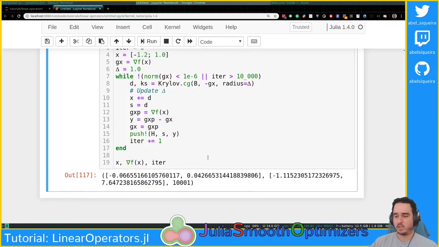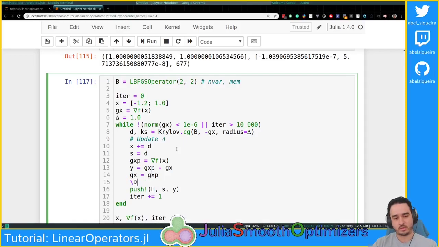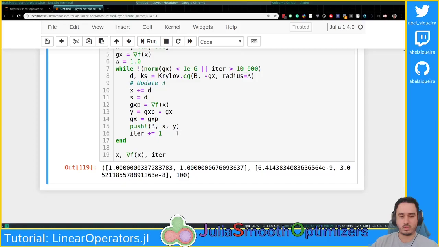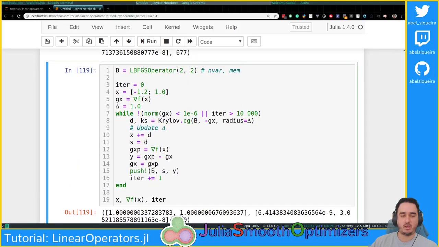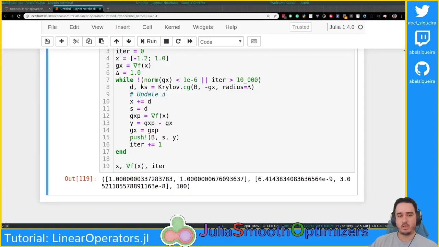So in this case, it did not work, so delta is too large. What I'm gonna do is slowly decrease delta. Oh, and I forgot to update B. So if I update B, which is the LBFGS operator, each iteration, constant radius works. Oh, right.